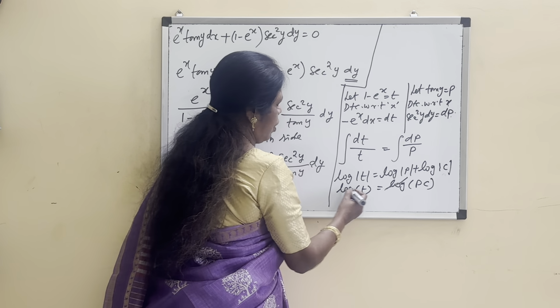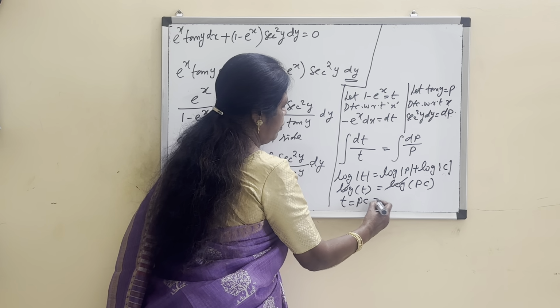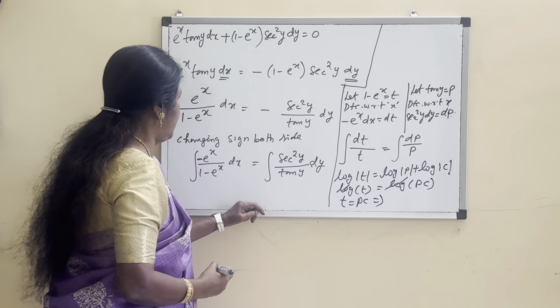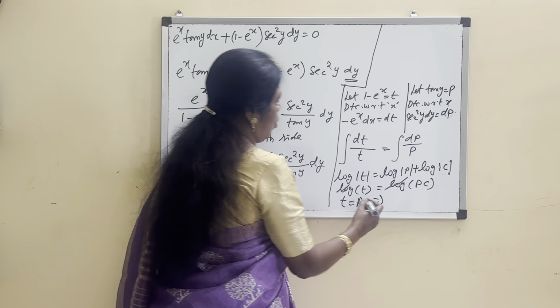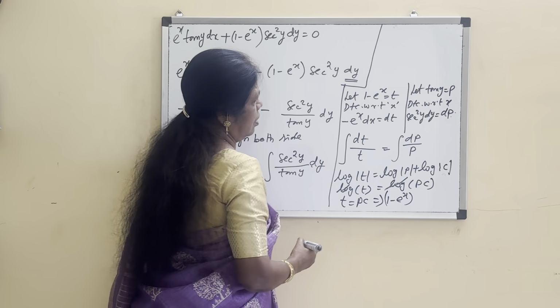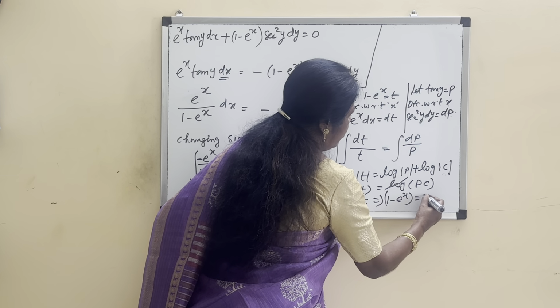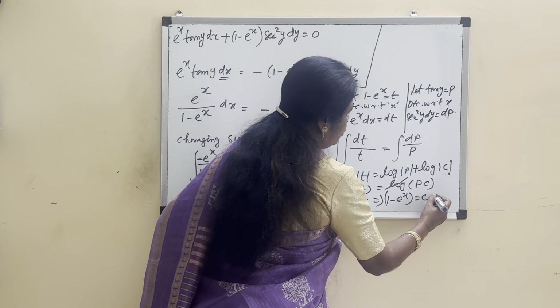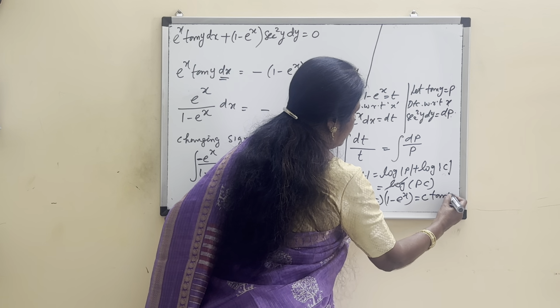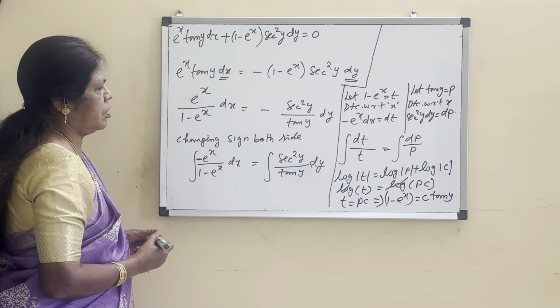Cancelling log both sides, t equal to pc, which implies what is t? t is 1 minus e power x equal to pc. That is, c into p, where p is tan y. This is the general solution.